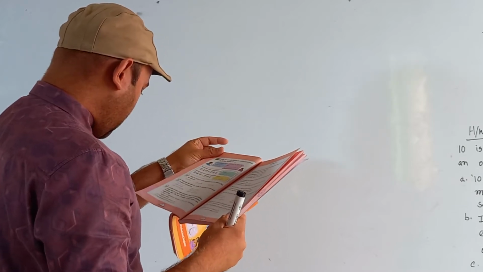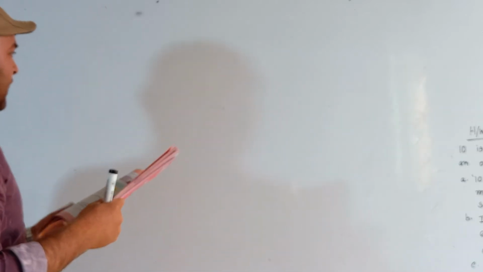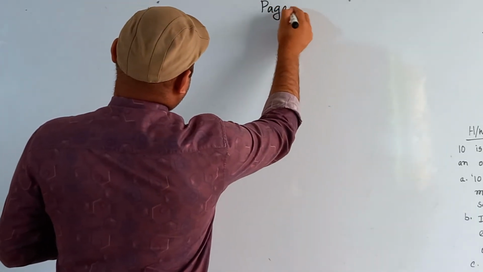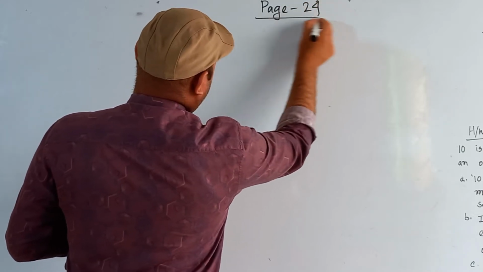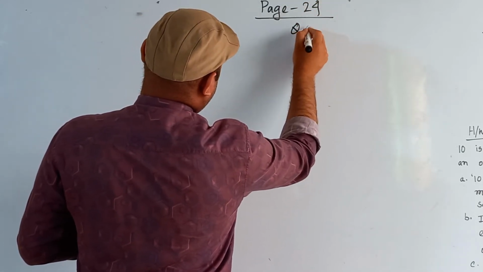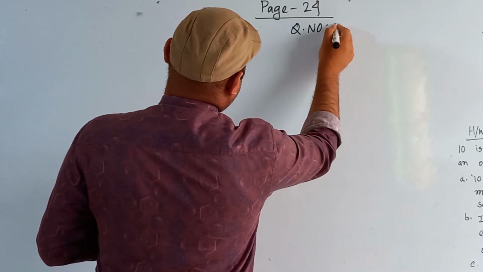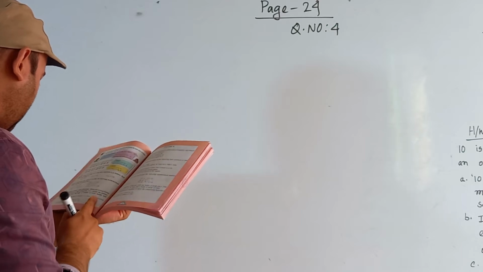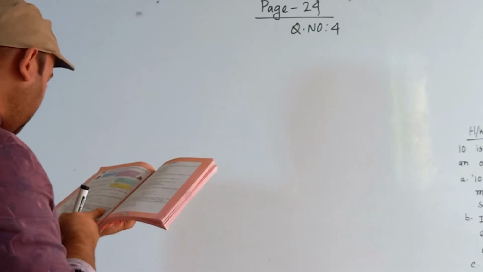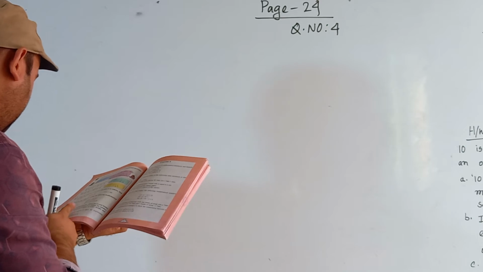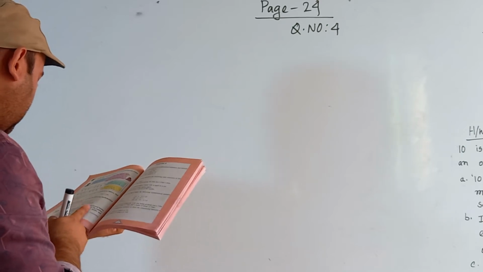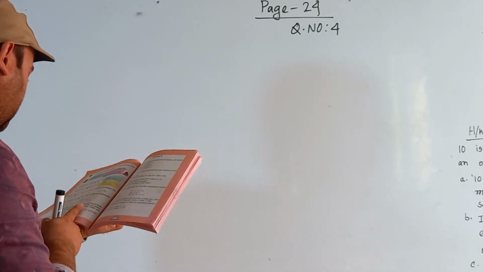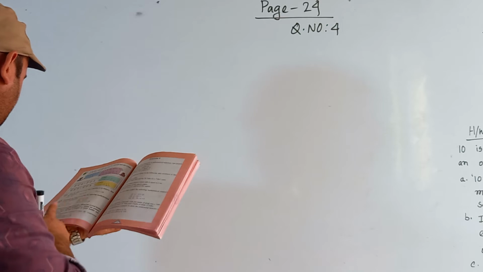Now look at question number 4 on page 24. Read the question out. A bottle of water weighs 120 grams. Mina puts several bottles of water in a bag of 50 grams. Let X denote the number of bottles and Y the sum of the weights of the water bottles and the weight of the bag.